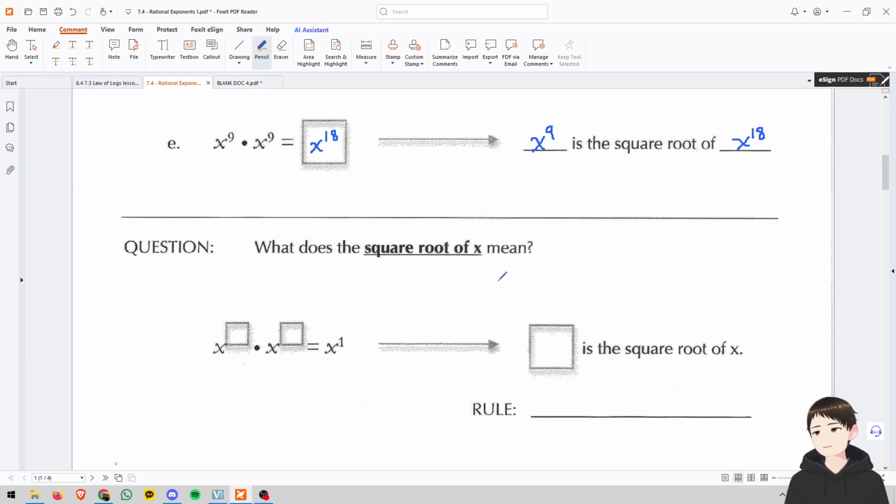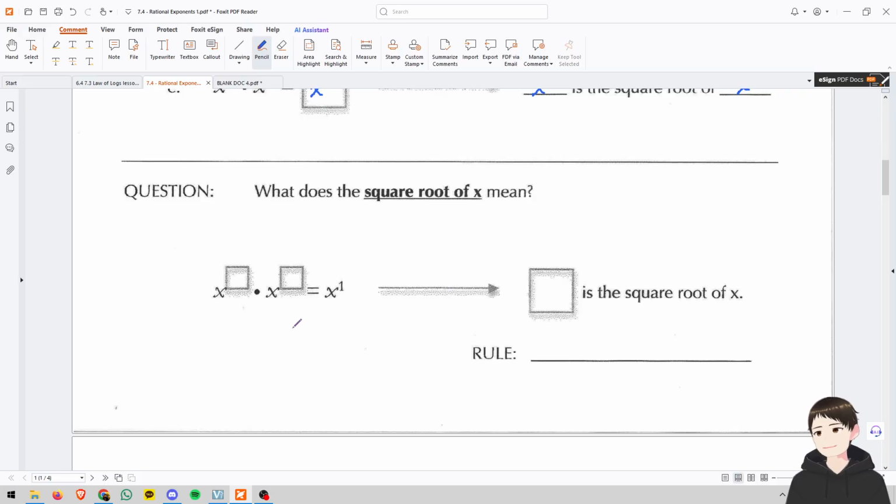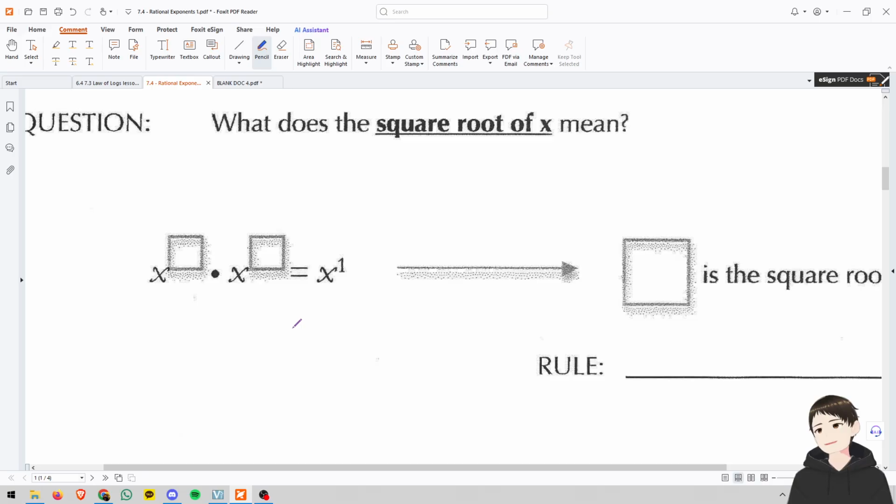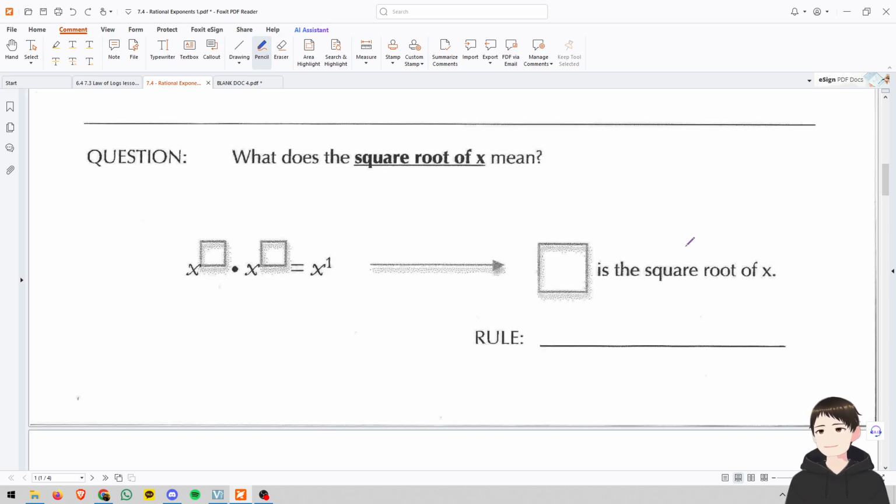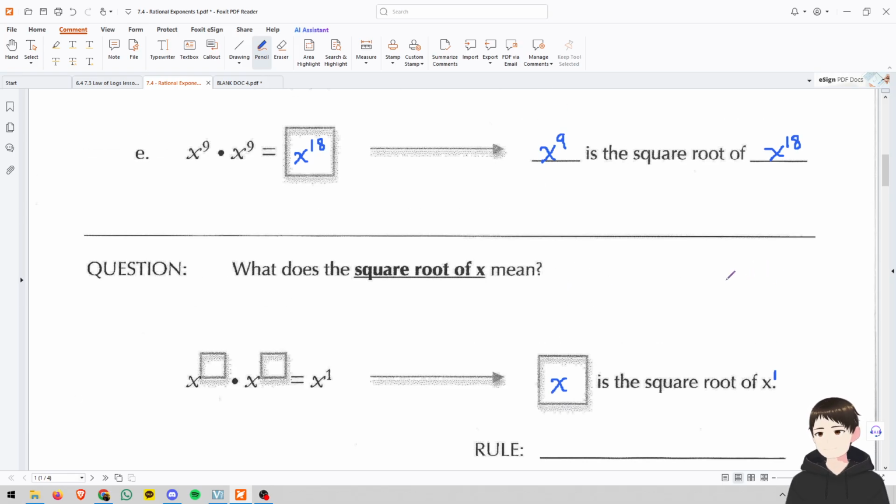So what does a square root mean? Here's the million-dollar question for today. You know that if the base is the same, the exponents will add. What plus what gives you 1? Or rather, if the exponent is 1, what is the square root of x to the power of 1?